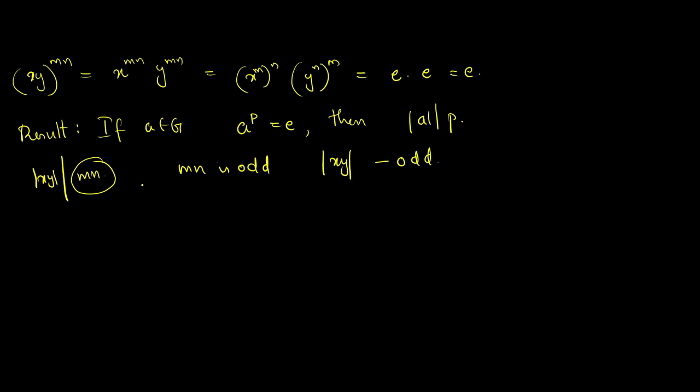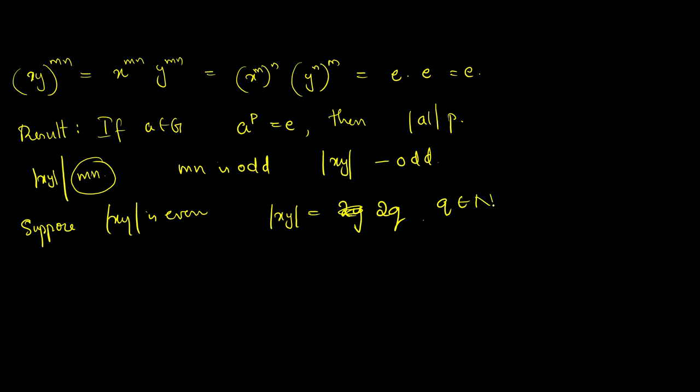Why? Suppose the order of xy is even. Then the order of xy is equal to 2q, for some q in the natural numbers.